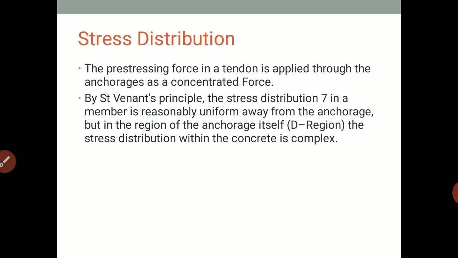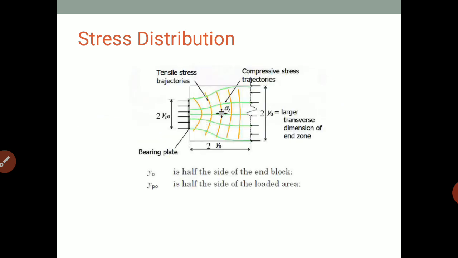The stress field in the end zone of a post-tension member is complicated. The compressive stress trajectories are not parallel at the ends. The trajectories diverge from the anchorage block till they become parallel. Now we'll see the stress distribution.